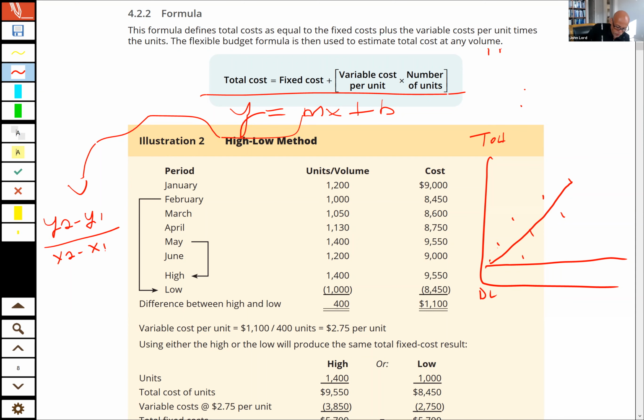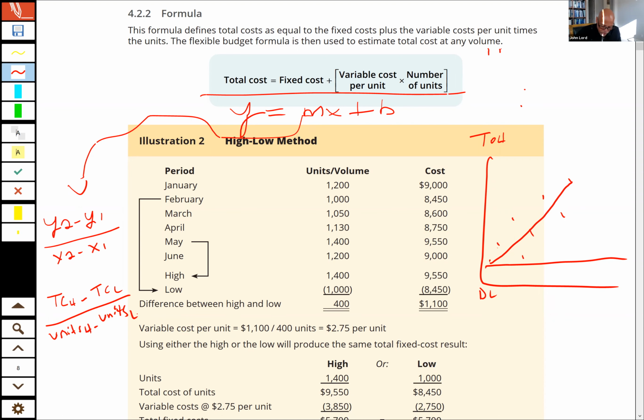But now all we've done is trade those for total cost high minus total cost low, divided by units high minus units low, whatever those are.